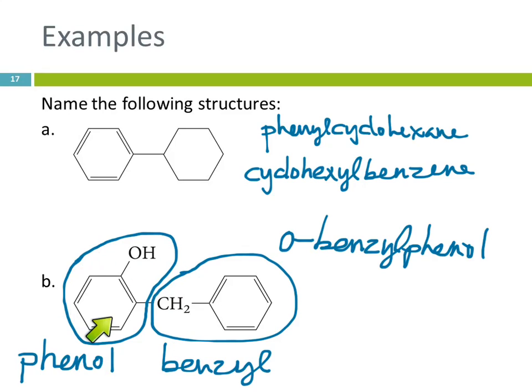I would consider this one to be kind of a tricky one. So anytime benzene is attached to something, it turns to benzyl? Benzyl has this extra CH2. If it doesn't have the CH2, this is phenyl. Right, because phenyl is by itself attached to something. The way I think of it is, I think that this should be benzyl, but it isn't.